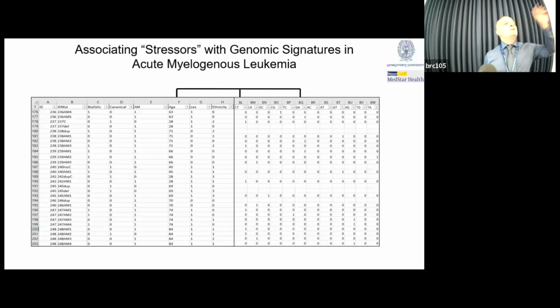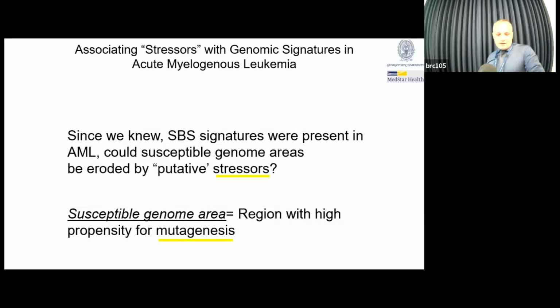Now we're looking for the potential reason what initiated those leukemias in our patients. It's very well done in solid tumors, but we want to apply the same principle to hematopoietic malignancies.